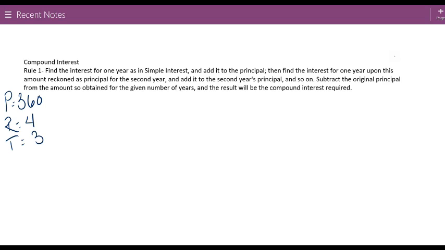Subtract the original principal from the amount so obtained for the given number of years, and the result will be the compound interest required. So in compound interest, every year that it takes to pay the amount back, you're actually working with a new amount.